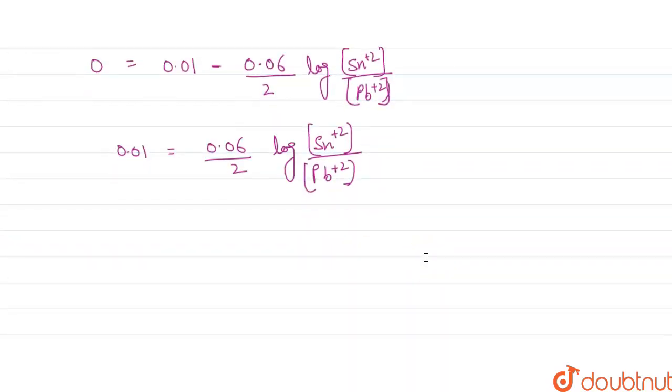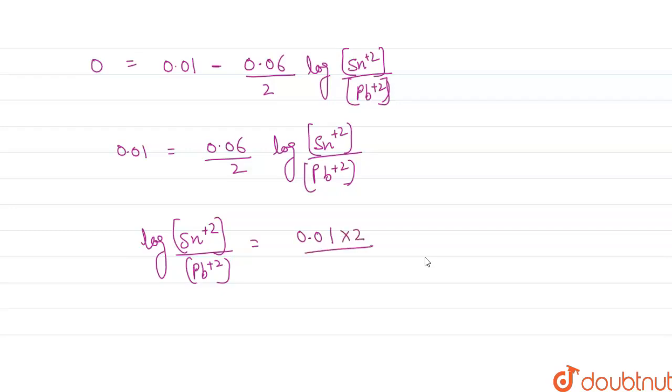Okay, so let us solve this equation. When we solve this equation, we get log of Sn2+ upon Pb2+ becomes 0.01 into 2 upon 0.06. When we solve this, we get 1 by 3.